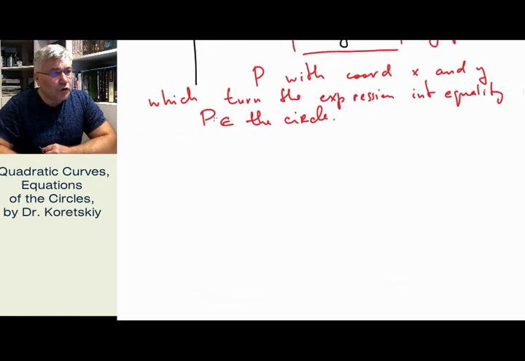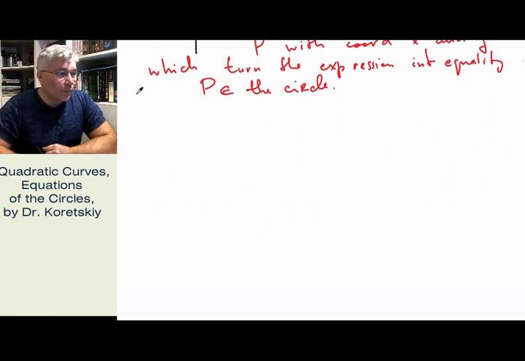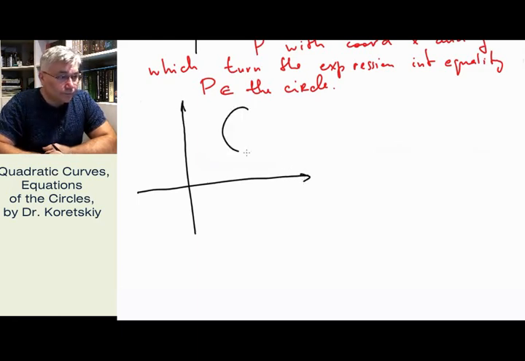For a more general situation, when we have the circle shifted by r0, r small 0, we try to make a more common expression for the equation of the circle. This is the circle, this is the center of the circle, and this is r0, the radius vector of the center of the circle.